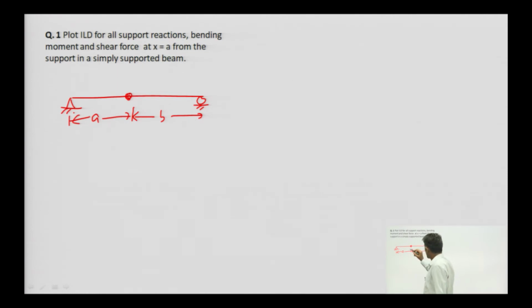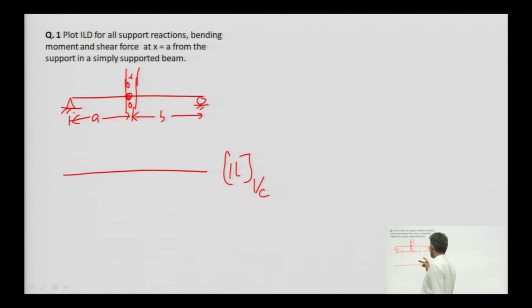So, what we need to do? We need to apply this type of arrangement, a slider, for IL for shear. Suppose I am writing it as VC. Okay. So, we need to release the shear.